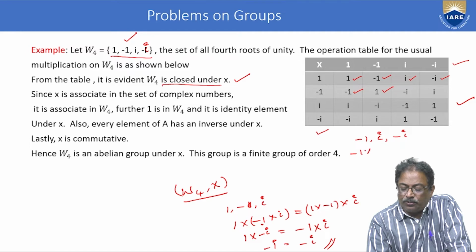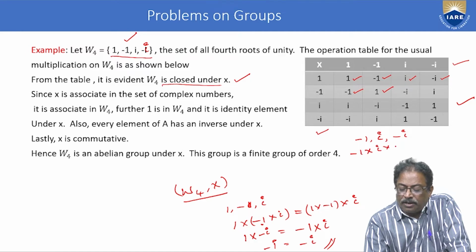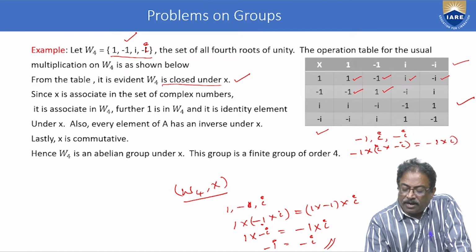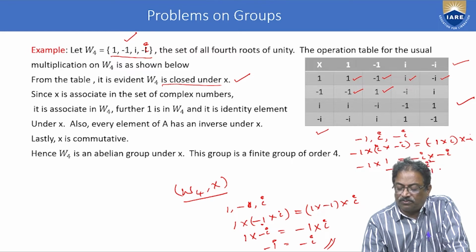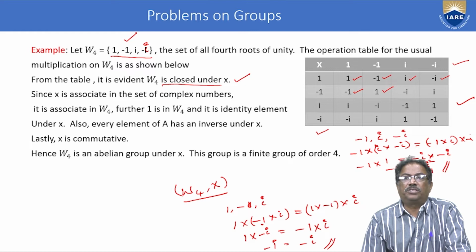Then (minus 1 into i) into minus i is minus i into minus i, which is i square, so it becomes minus 1 once again. So this satisfies the associative condition.